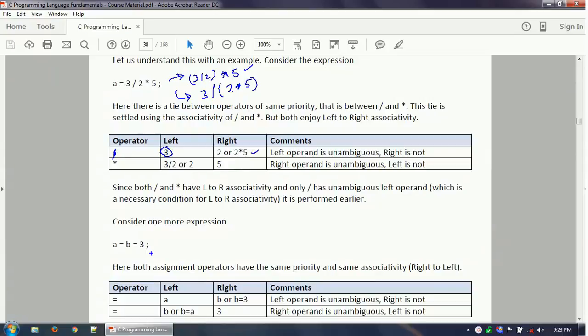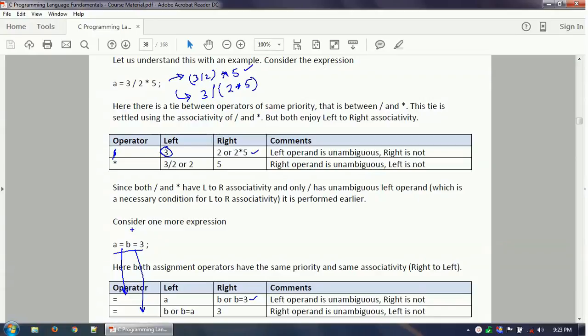Now let's take an example of right to left associativity. If you write something like A is equal to B is equal to 3, the equal to operator, the assignment operator, has right to left associativity. Let's consider the first assignment operator here. The first assignment operator has left operand as A but right operand as B is equal to 3, and this other operator has left as B but right as 3.